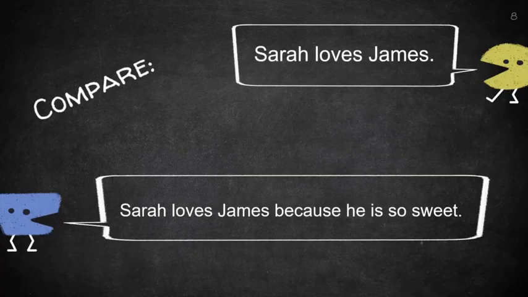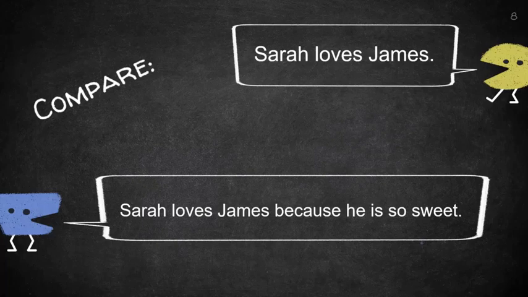So let's compare these two sentences. The first one is very simple and straightforward, right? Subject, verb, object. Just like our examples at the beginning of the video. This one is called a simple sentence.